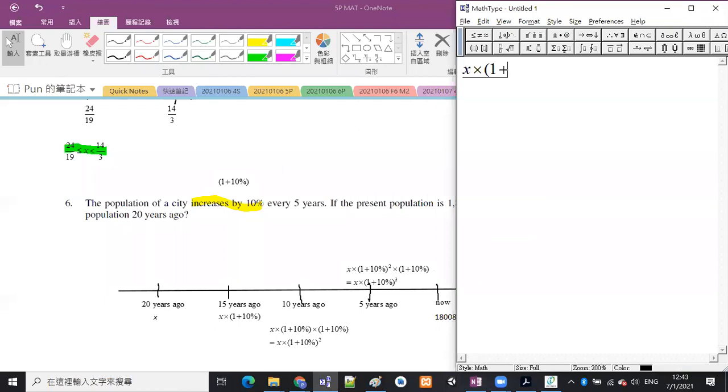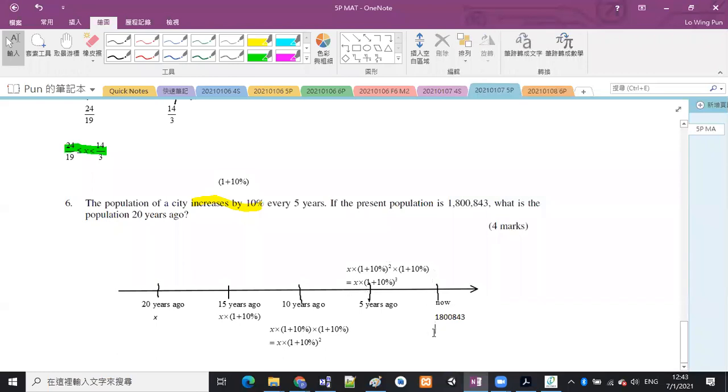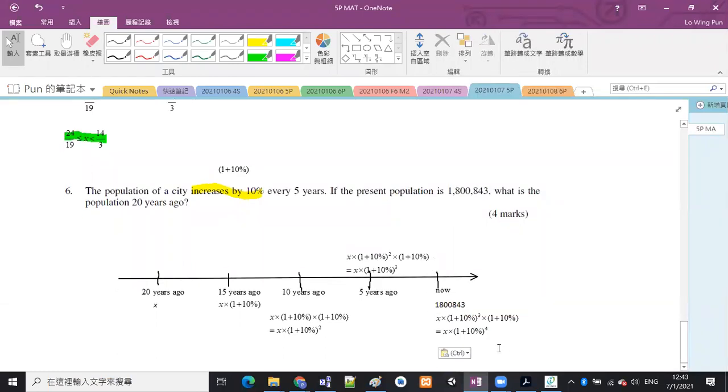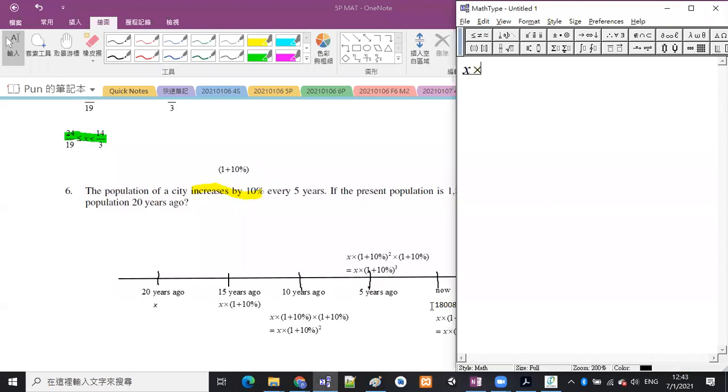So x times 1 plus 10% to the power of 3 times 1 plus 10% becomes x times 1 plus 10% to the power of 4. Okay? After 4 times we reach this one. But we already know this number, so we can form the equation: x times 1 plus 10% to the power of 4 is equal to 1800843. Okay, that is how we can find the value of x.